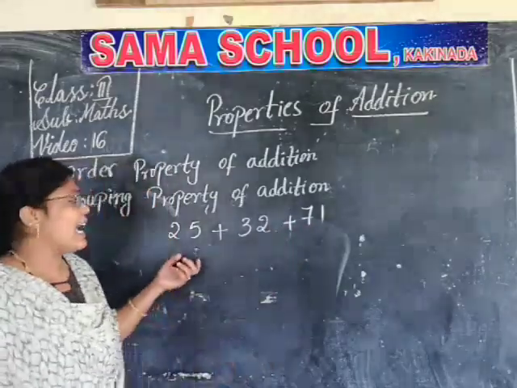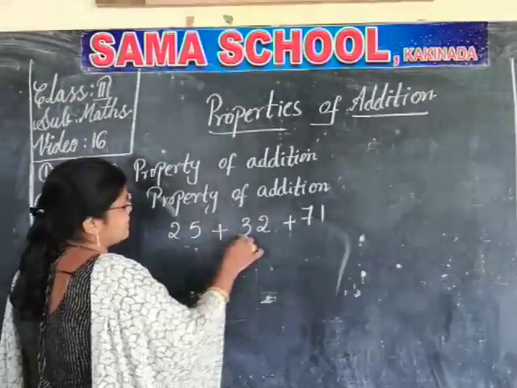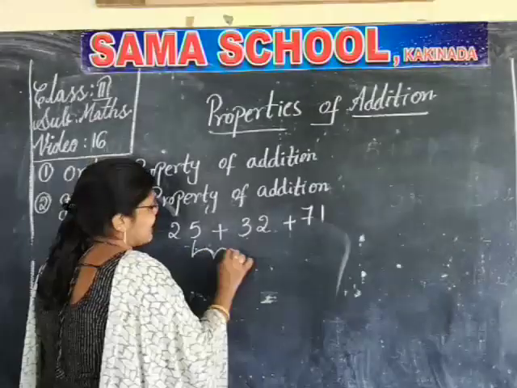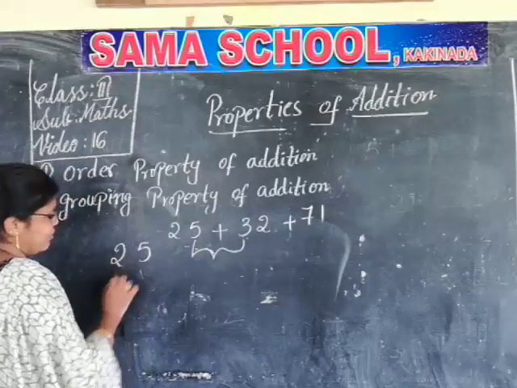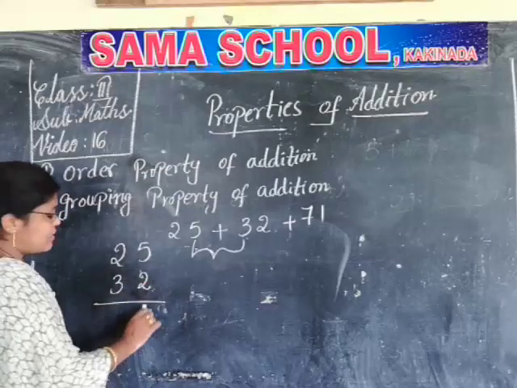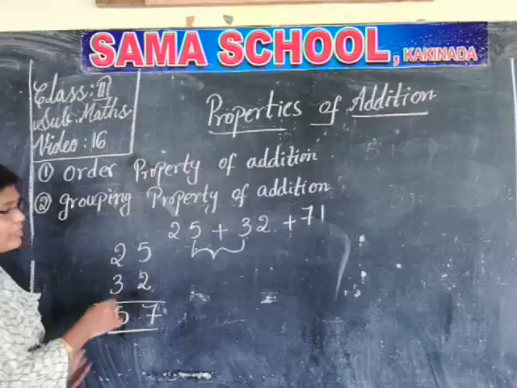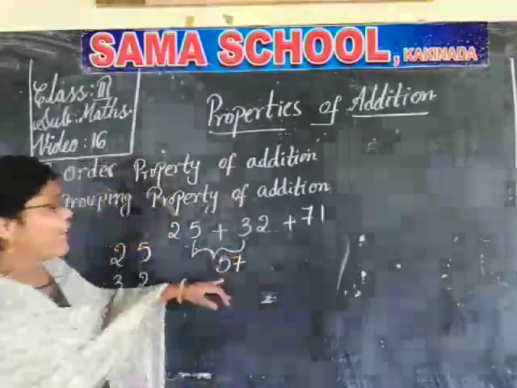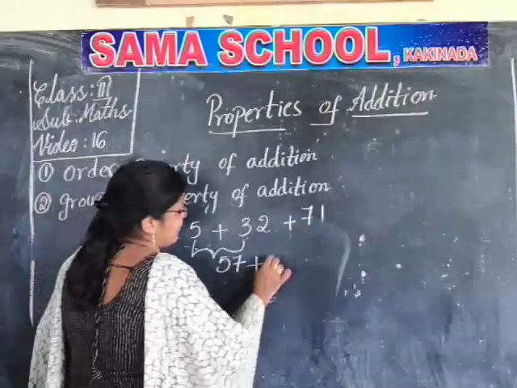First, we'll add these two numbers, 25 and 32. 5 plus 2 is 7 and 2 plus 3 is 5. That is 57.